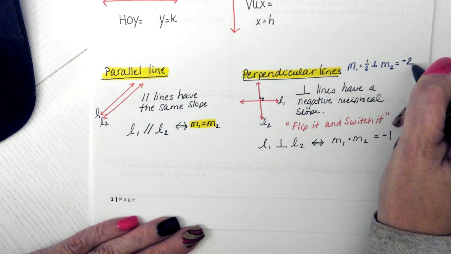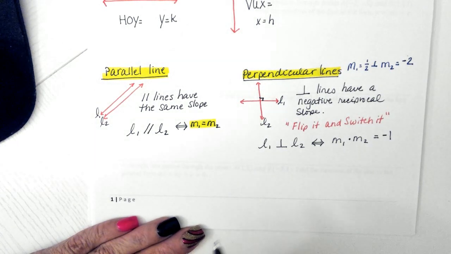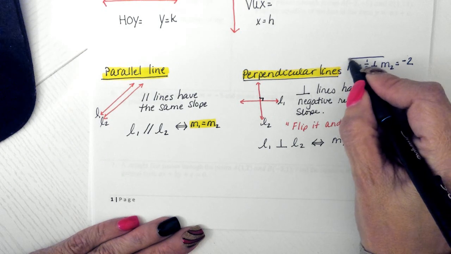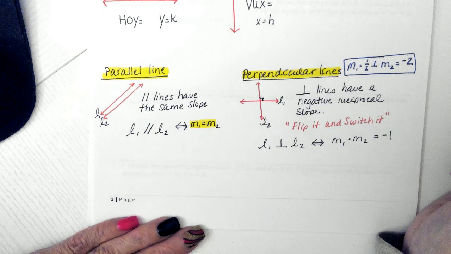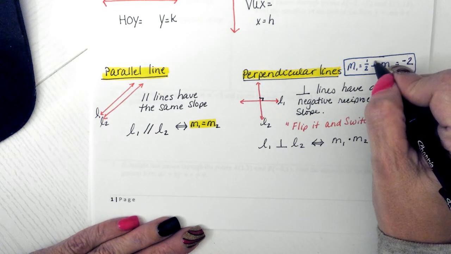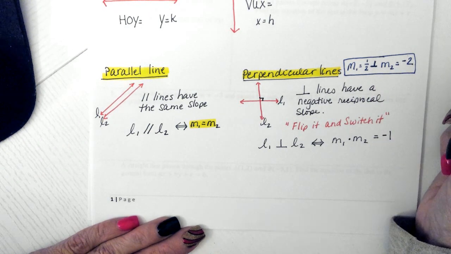So -2 would be the perpendicular slope. Let me box that in. This is just an example. If those are going to be perpendicular, I flip it and switch it.